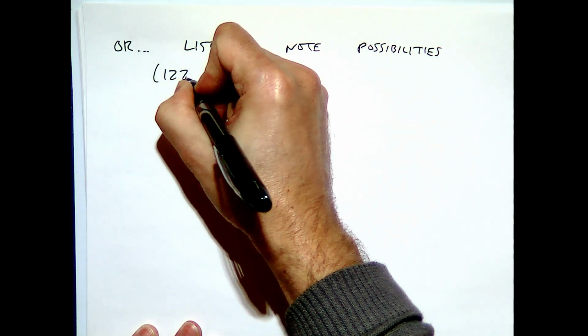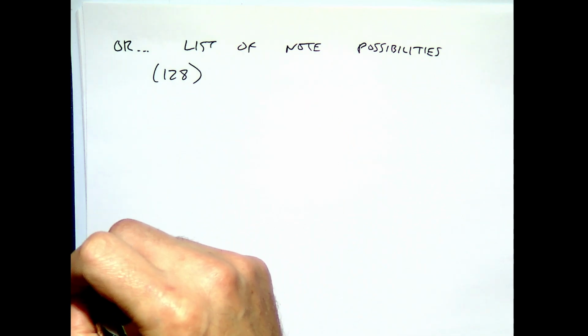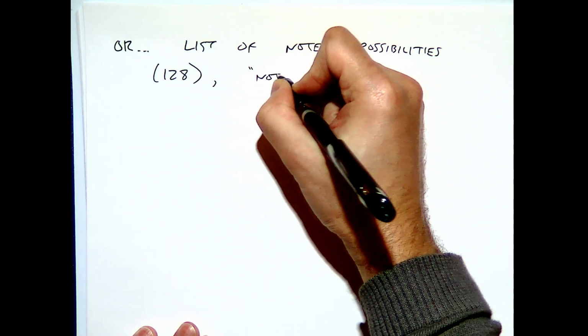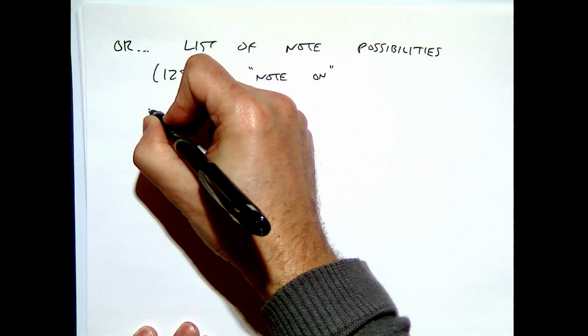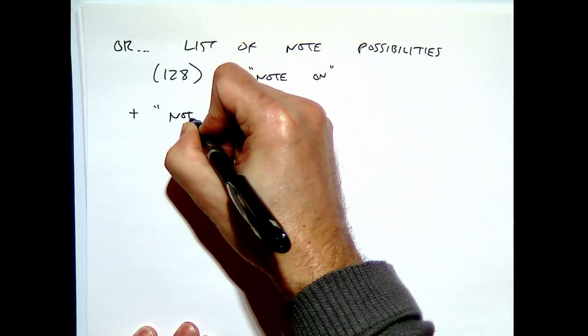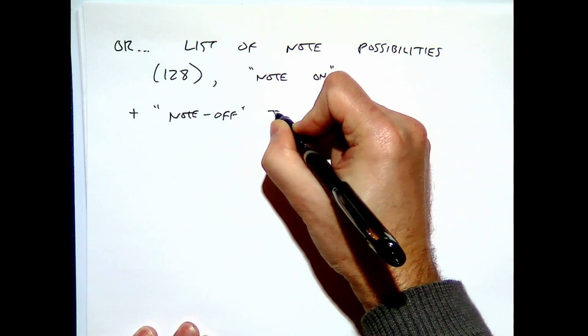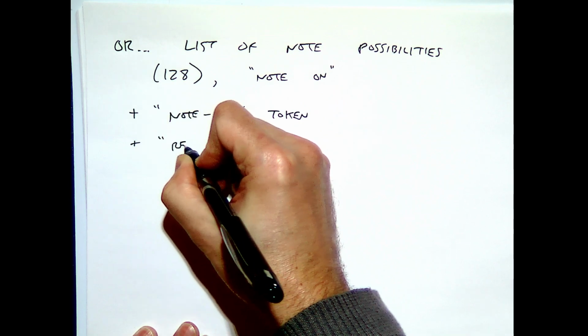Say I have 128 possibilities, for example. And then I also have a note on token, and one note off token. And maybe a rest token.